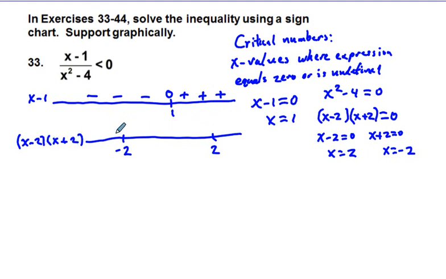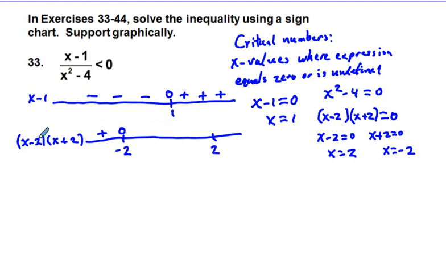Now we look at this denominator. We look first from the left. To the left of negative 2, if we put any number less than negative 2, we will have a negative times a negative, which would be positive. At negative 2, the value of the denominator is 0. Between negative 2 and 2, we have a negative.